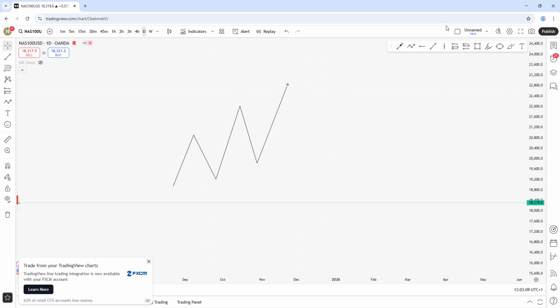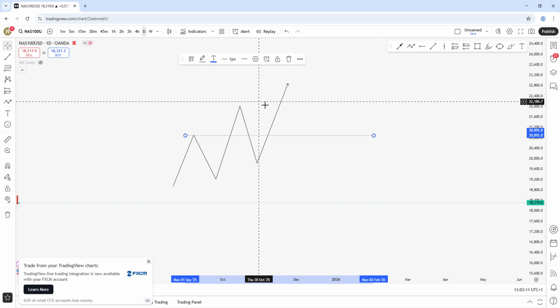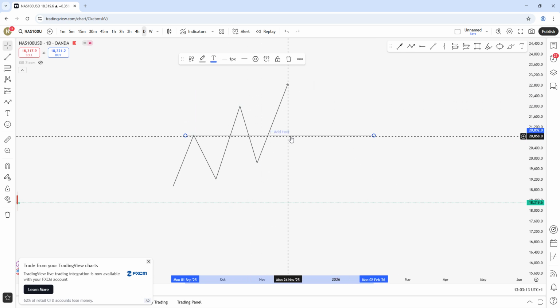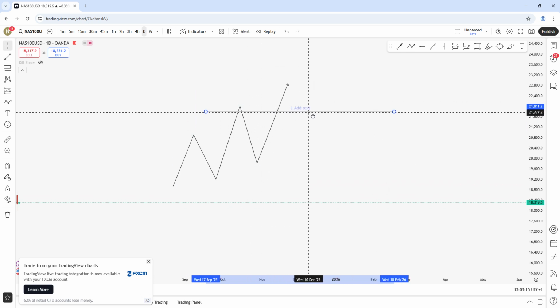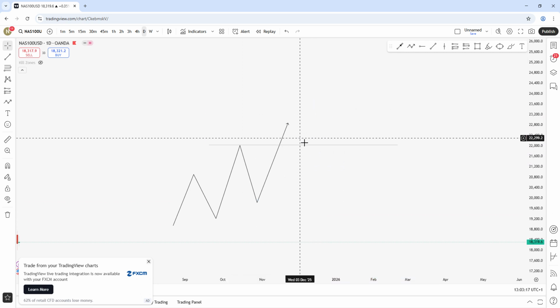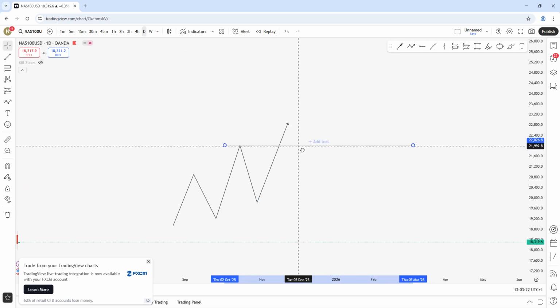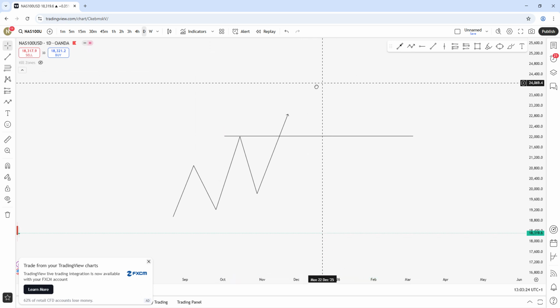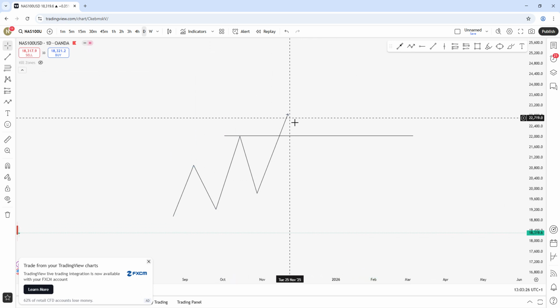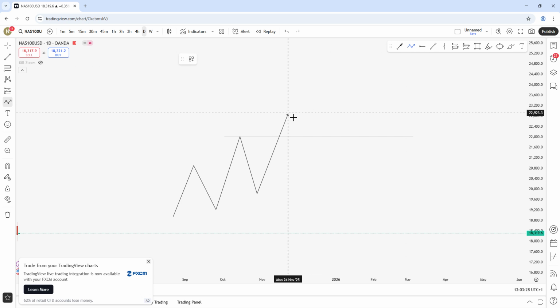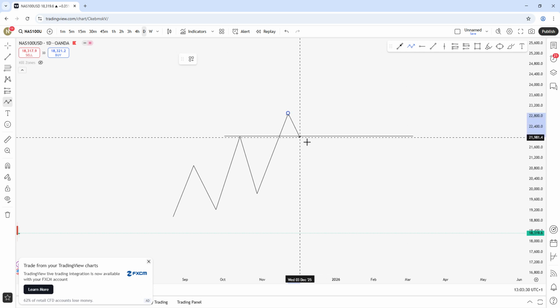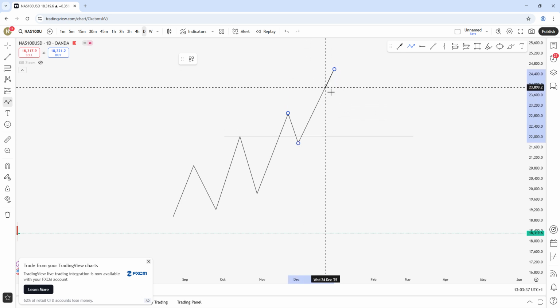It made a new high, a new low, and a new high. What a retest does is it comes down, retests that level, and might even come all the way down here, and then it just makes a new high.